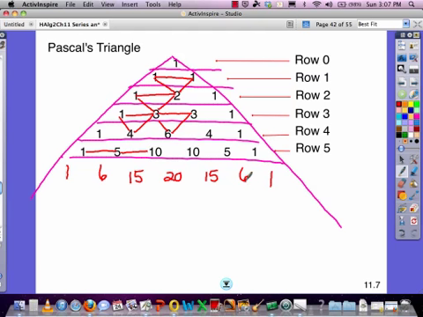If it's an even amount of terms in the row, it's cut exactly in half. If it's an odd number of values in the row, there will be 1 in the middle, and then there'll be that symmetry. Same guys on both sides. So I got a 15 and a 15, then I got a 6 and a 6, I got a 1 and a 1.